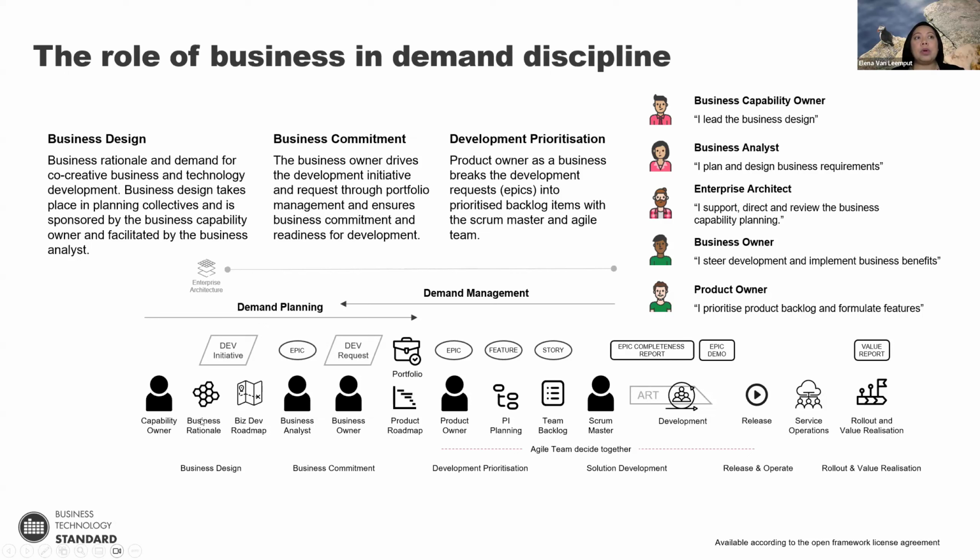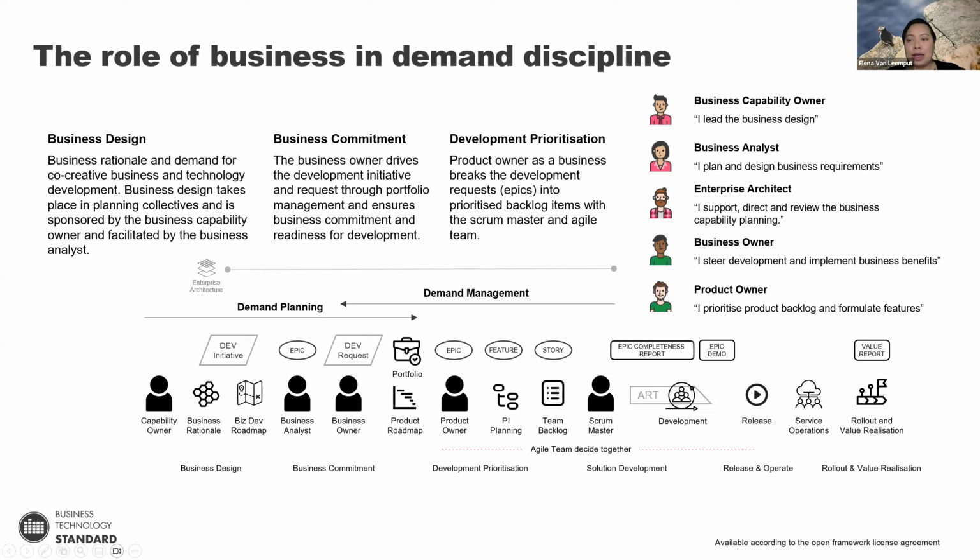In demand planning, their role is essentially to be owning the business design itself. So their involvement in business design is very important. The more we focus on their requirements here at the beginning, the less issues or challenges we'll have when we go towards development. So business analyst is one role that we also highlight here.